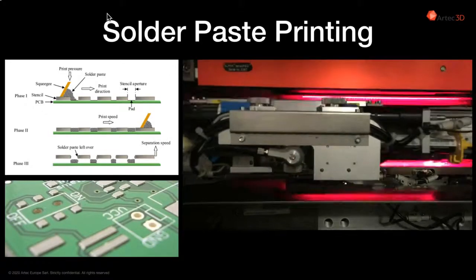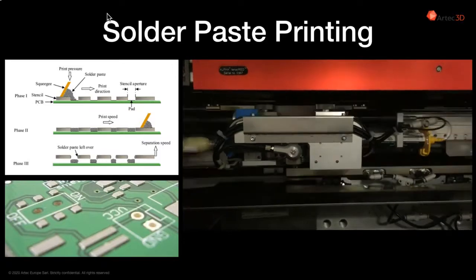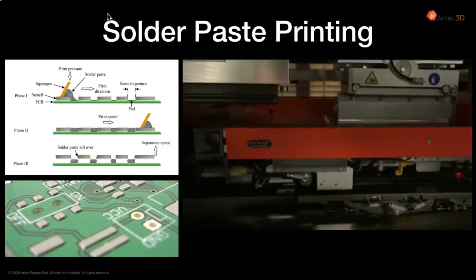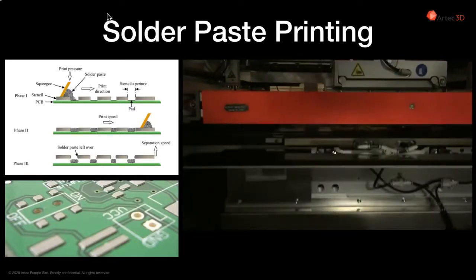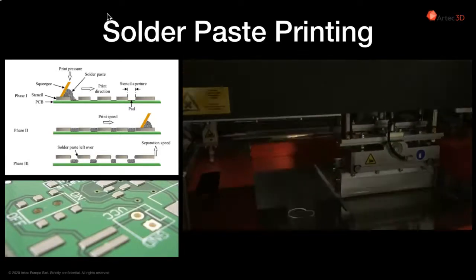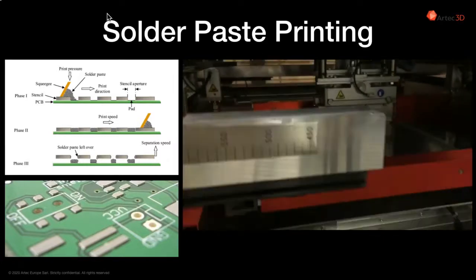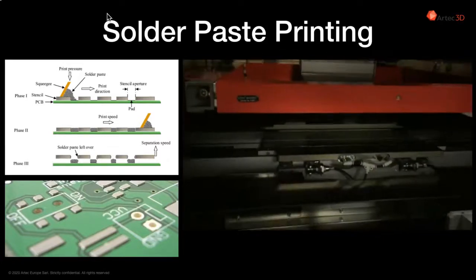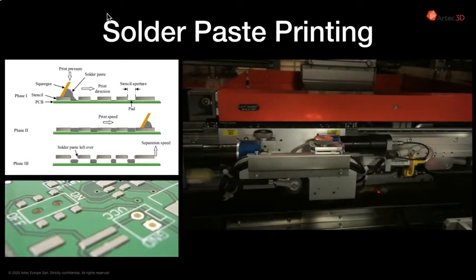The quality of this process is most important for the quality of the final product. The solder paste is applied through the mask onto the PCB. Then solder mask and PCB separate, and the PCB goes out of the printer.